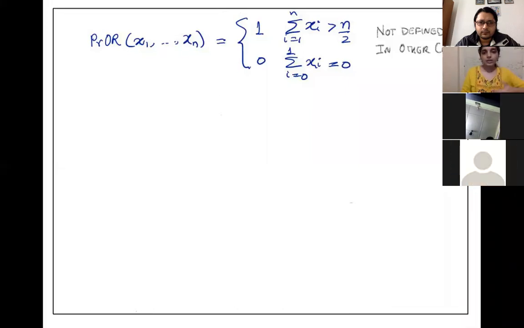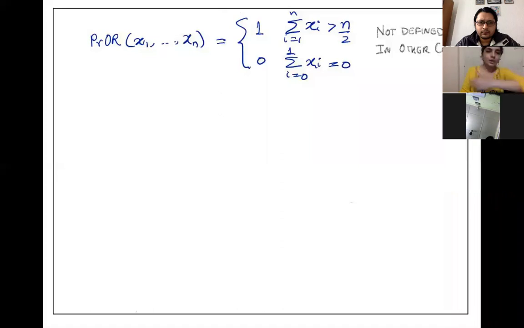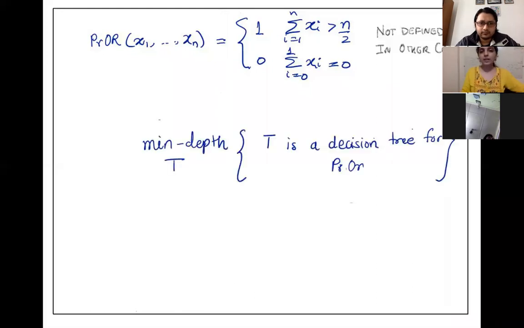If I'm allowed to look at all the inputs, I have infinite memory and so on, then this problem is trivial to solve. But the kind of questions I'm allowed to ask are only look at a bit at a time. And every bit I query, I pay money for that. So what we did by asking queries was we created this tree, which is often called a decision tree.